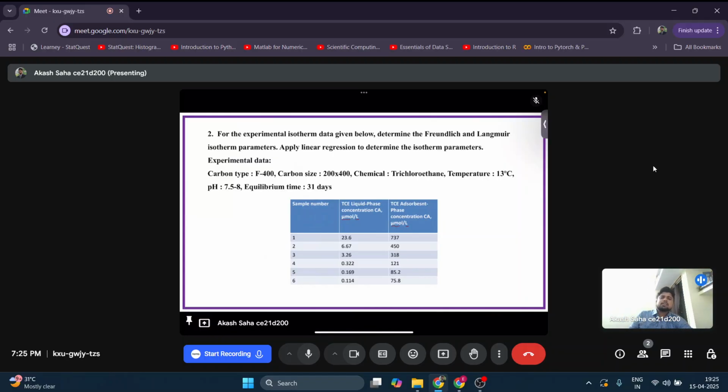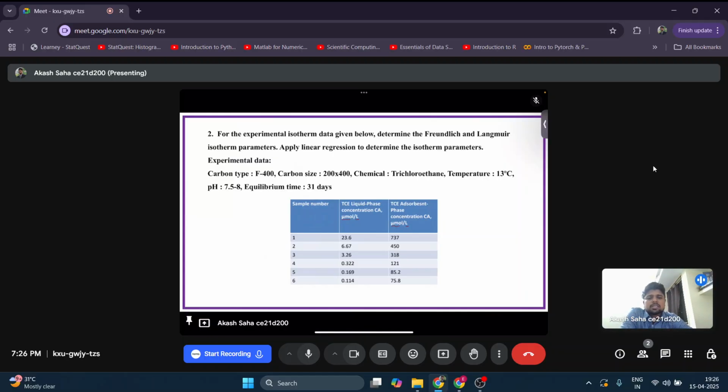But here you can see that samples are being collected, and the liquid phase concentration as well as the concentration on the adsorbent phase. Okay, so both the things are given in the question. So from here you have to find out the different parameters for the Langmuir and the Freundlich isotherm.